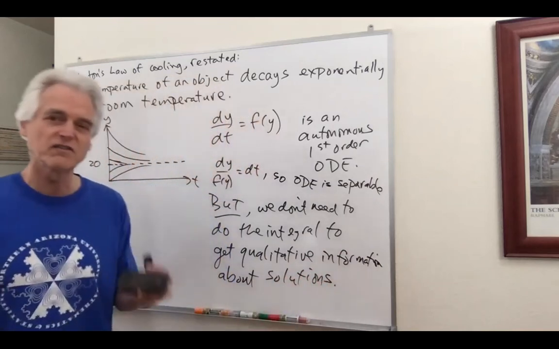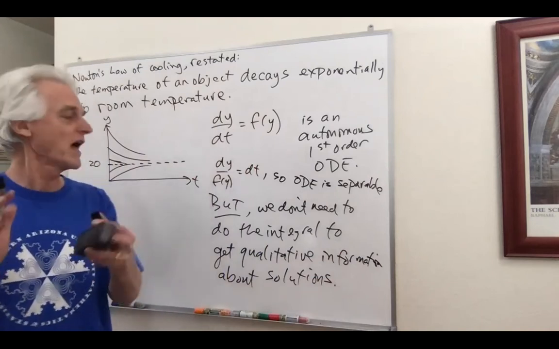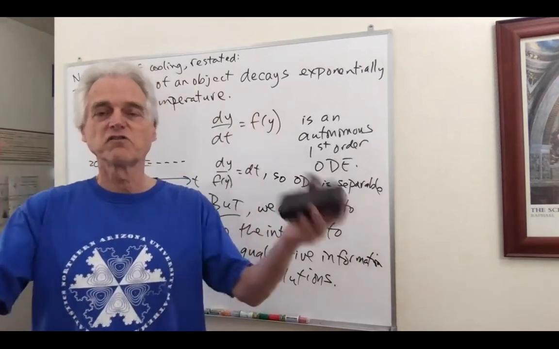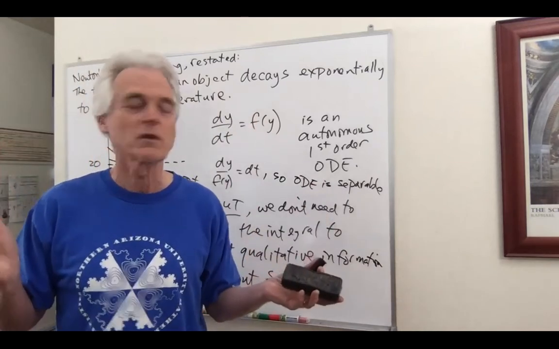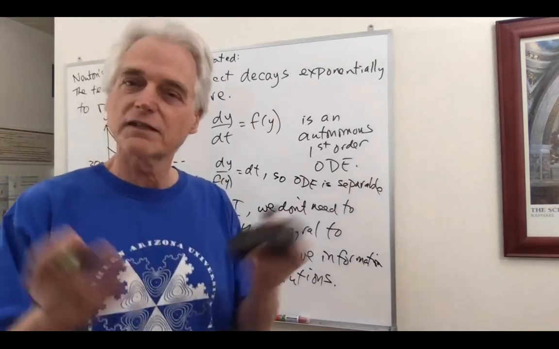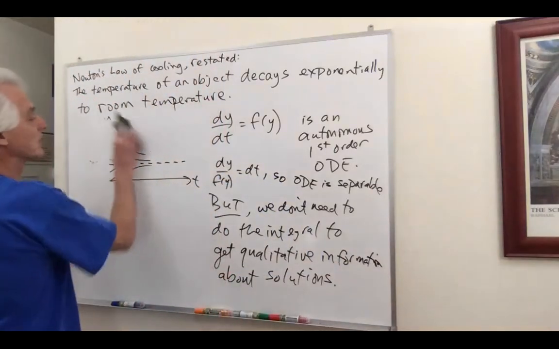So quality of the solution, not necessarily the quantity. We're not going to be able to necessarily find the functional form of y of t if we don't do the integral. But we can probably do something better. We can understand the problem. Okay, let's get rid of this.